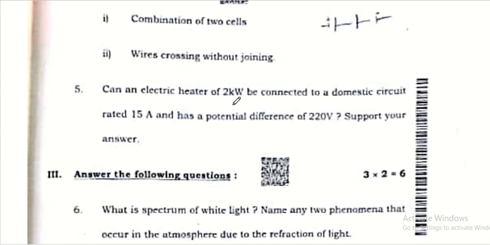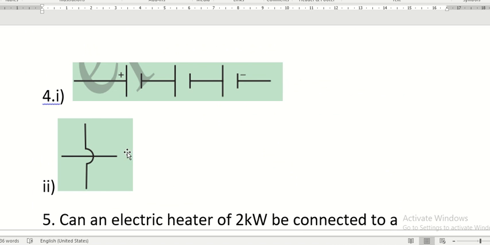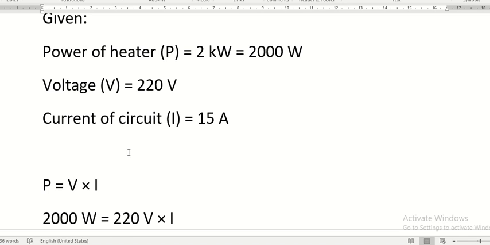Can an electric heater of 2 kilowatts be connected to a domestic circuit rated 15 amps and having a potential difference of 220 volts? Support your answer. Here the given power of the heater is 2 kilowatts, that is 2000 watts. Voltage is equal to 220, the circuit current I is 15 amps.